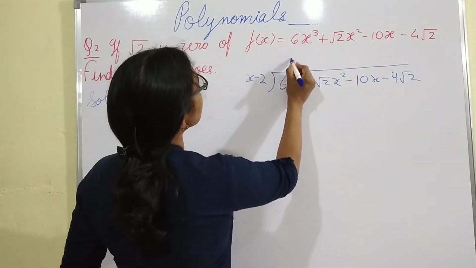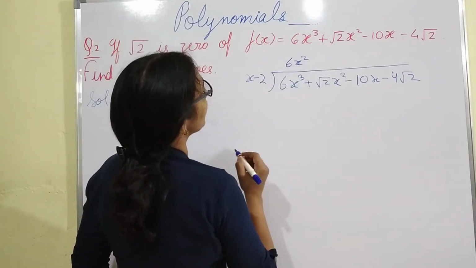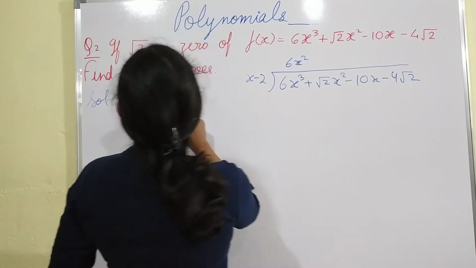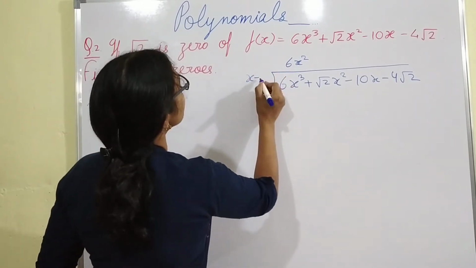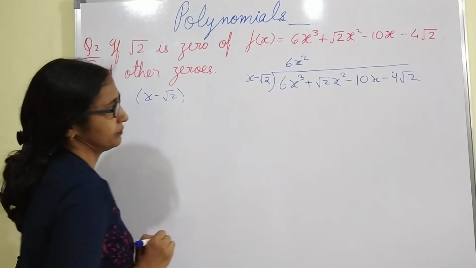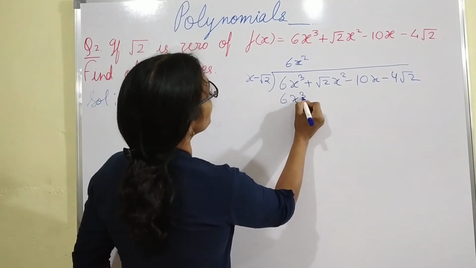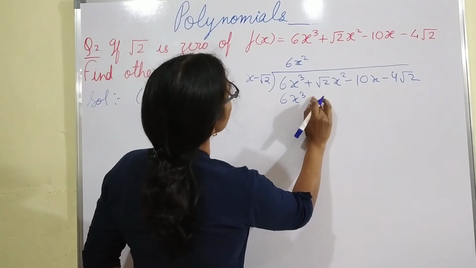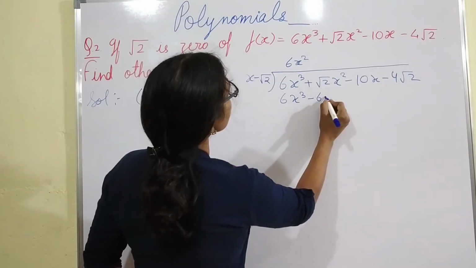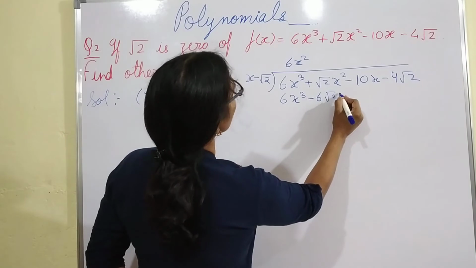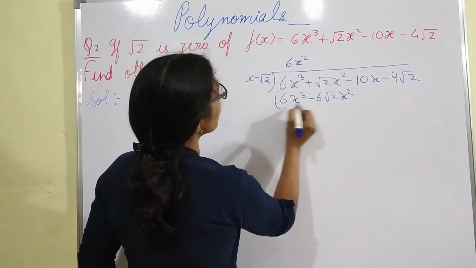First we take 6x square, so we get 6x cube minus 6 root 2 x square.